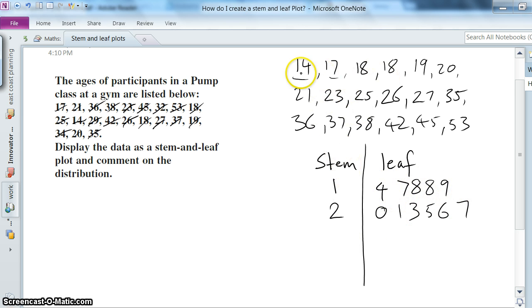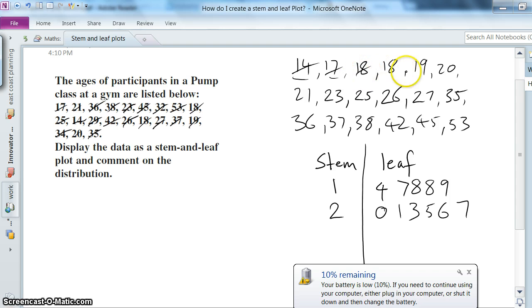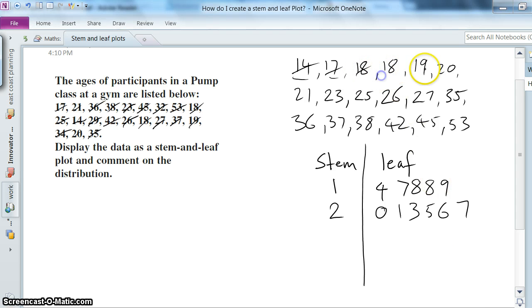So now I'm moving on. So I've done 14, 17, 18, 19, 20, 21, 22, 23, 25, 27. Okay, now I'm on to my 30s. So I put the stem there, got the 35, cross that out, 36, cross that out, 37, cross that out, 38.